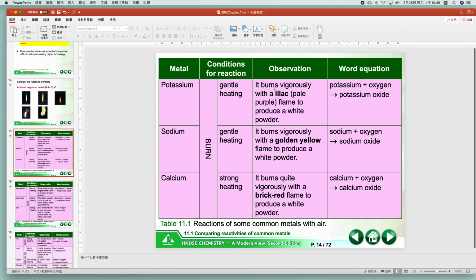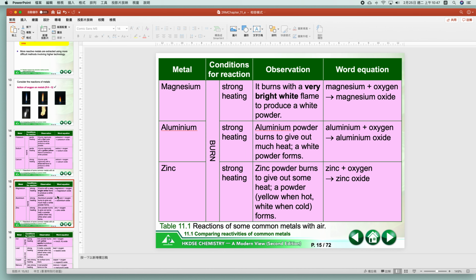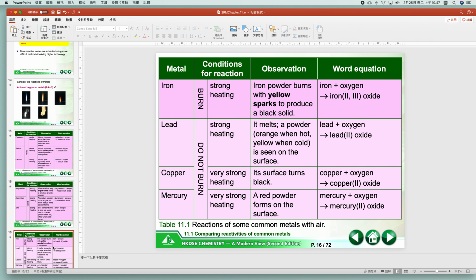Then you should say it burns vigorously with a lilac flame to produce a white powder. So that's why you have to spend some time studying this part, because you can see different metals behave differently on a Bunsen flame.